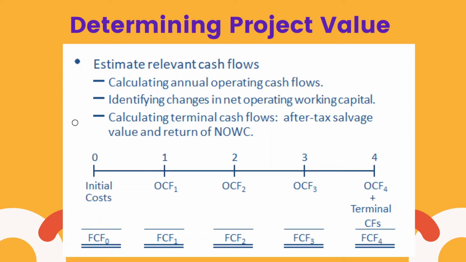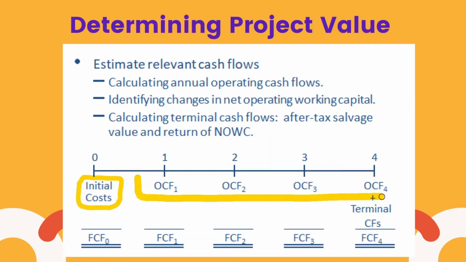To recap the relevant cash flow used in the calculations, the first group of cash flow represents an initial investment at time 0. The second group of cash flow represents annual operating cash flow each year from year 1 until the end of the project.